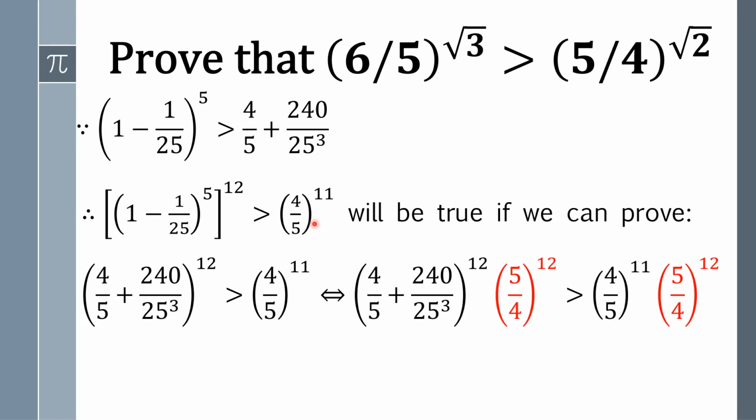We will do some manipulation on both sides. The first step is to multiply by (5/4)^12. Then we get the following inequality. (1 plus 12/25²)^12 larger than 5/4. This is the next inequality that we need to prove.